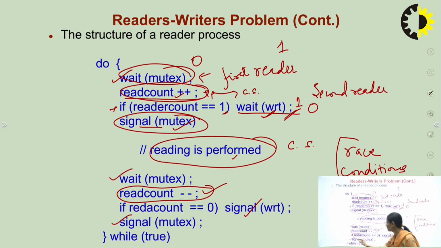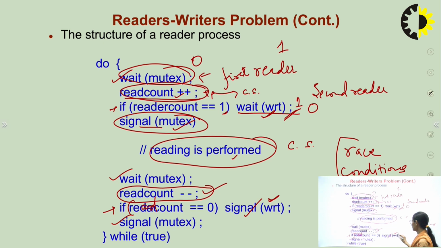But what is the significance of this statement? If the read count variable is equal to 0, that is, it is the last reader to perform the reading operation, then it needs to send a signal to the writer process. That is, if some other writer process is waiting to go for the writing part, then it could do so.